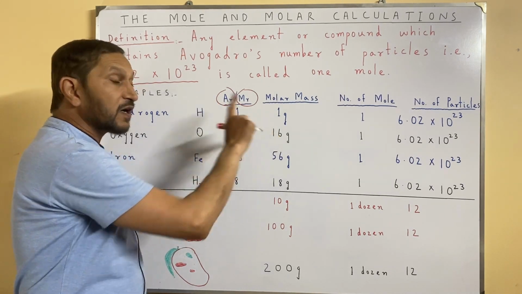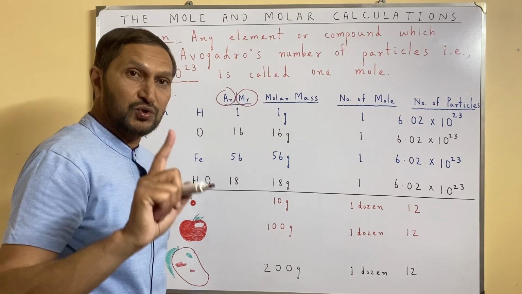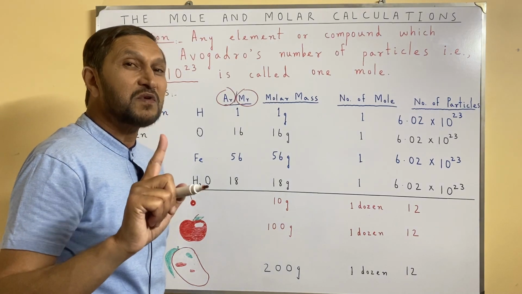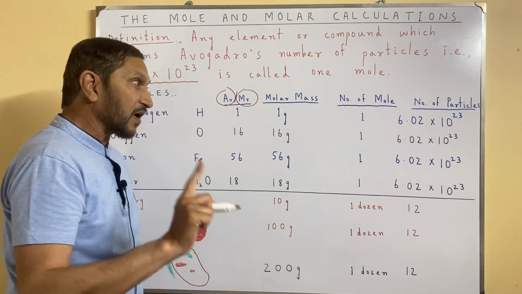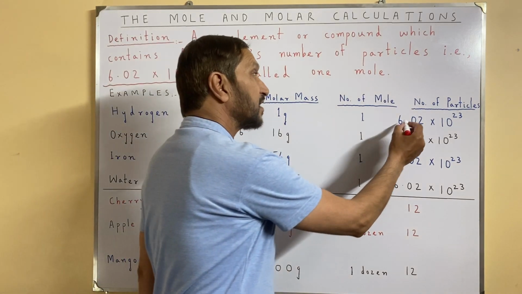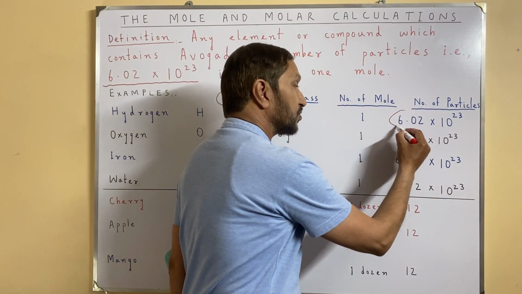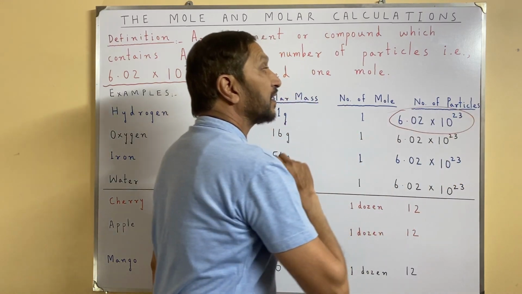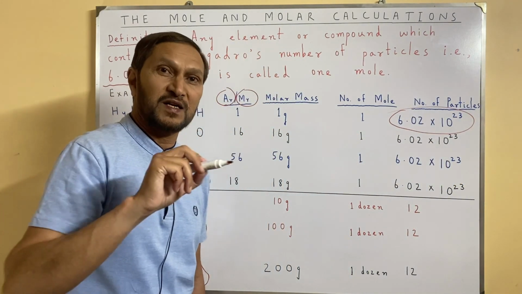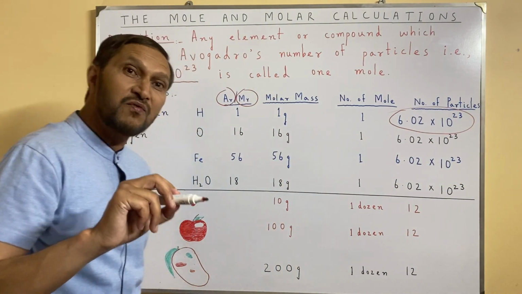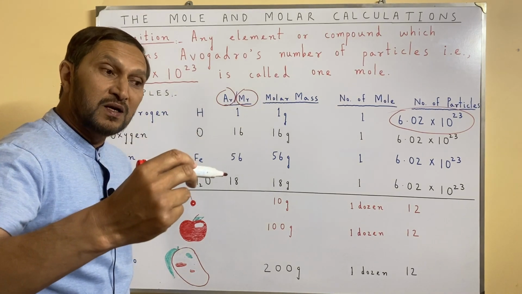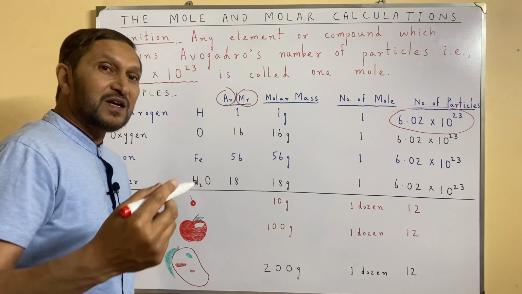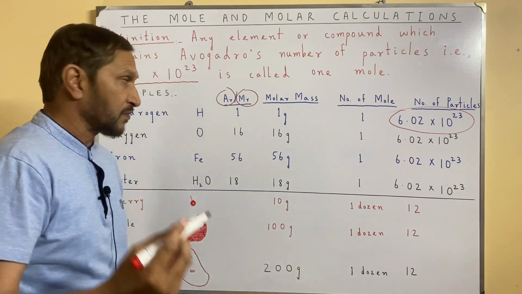So if we take 1 gram of hydrogen, that will be 1 mole of hydrogen, and that will contain 6.02 × 10^23 hydrogen atoms. This is the concept of mole, and this is the concept of Avogadro number. Avogadro was the Italian scientist who gave this concept.